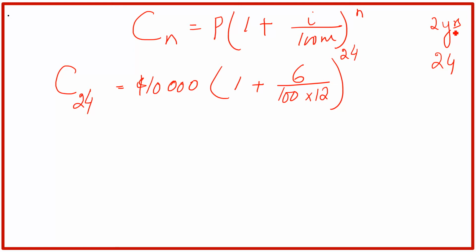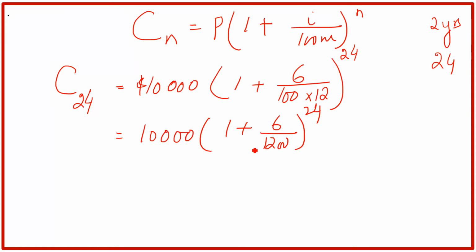There are 2 years, but it says compounded monthly, so you have to convert into months. There are 24 months. So 10,000 into (1 plus 6 divided by 1200) whole raised to power 24. If you know how to take the LCM, you can take the LCM, or you can do 6 divided by 1200, add 1 and then raise to power 24.